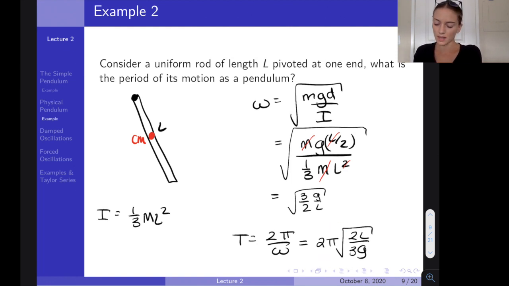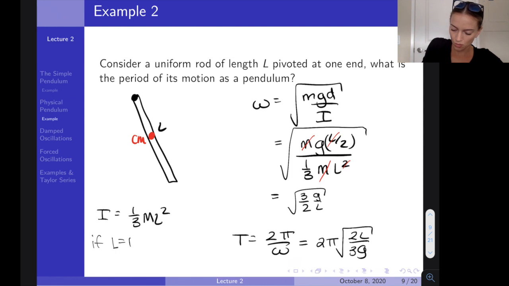Now let's say that the rod had length 1, like in our previous example. If L is equal to 1 meter, we just plug in 1 here and 9.8 there, and we would get a period of 1.64 seconds.